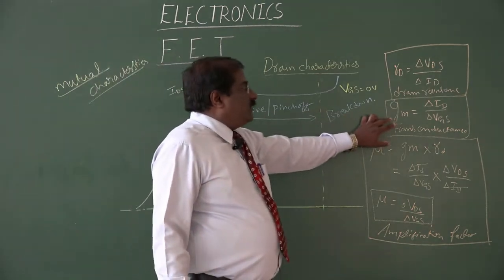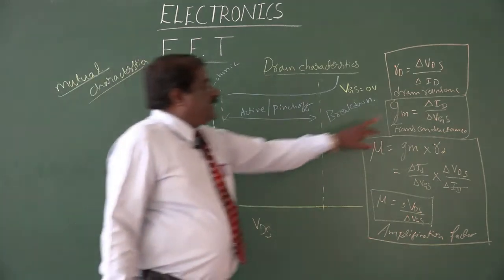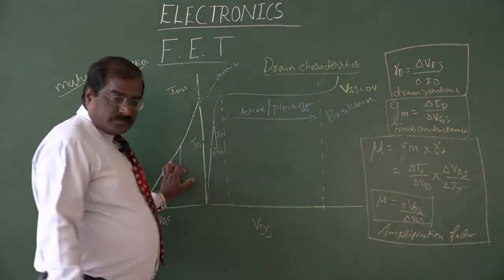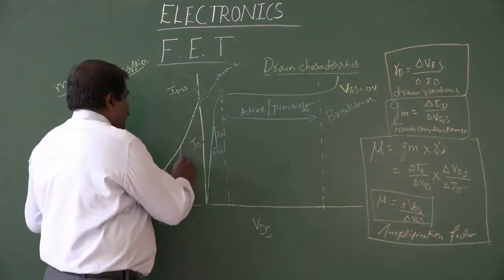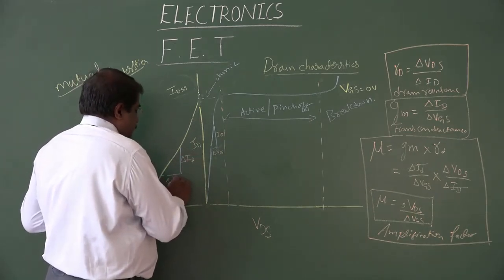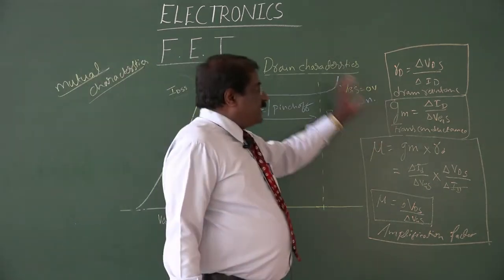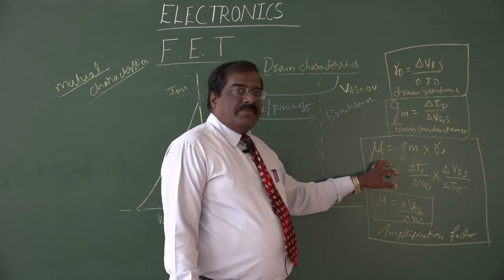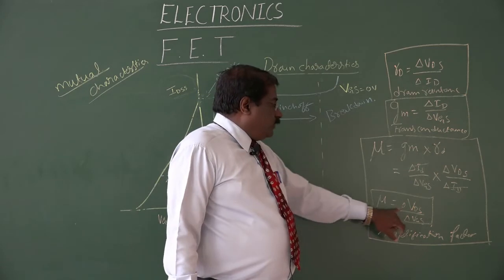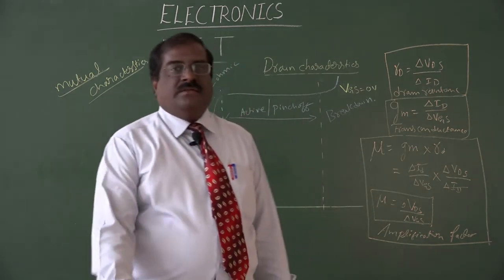GM is what we have from the mutual characteristics. You take the slope, that is delta ID by delta VGS, that is called transconductance. The new factor, what is known as the amplification factor, mu is equal to GM into RD. At that time mu is equal to delta VDS by delta VGS, that gives you the amplification factor.